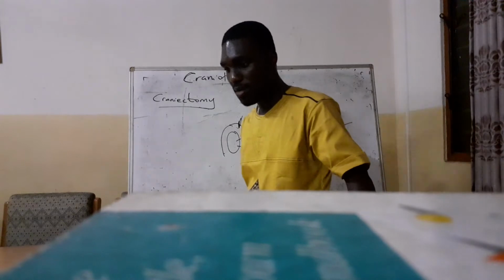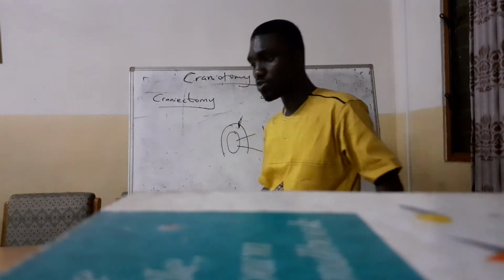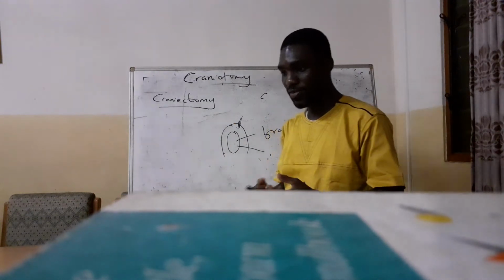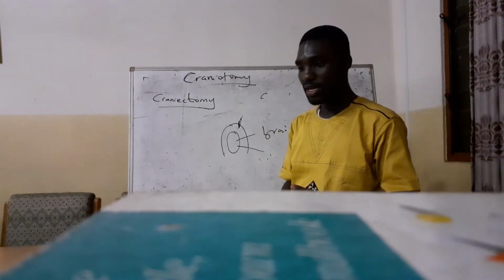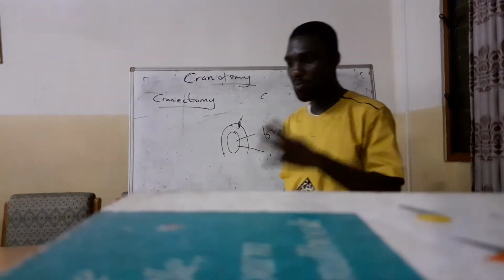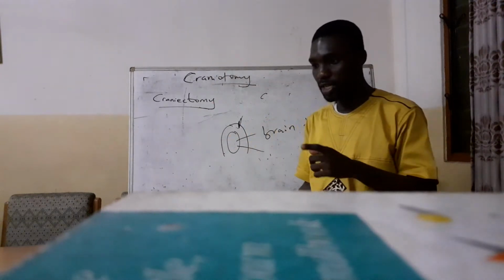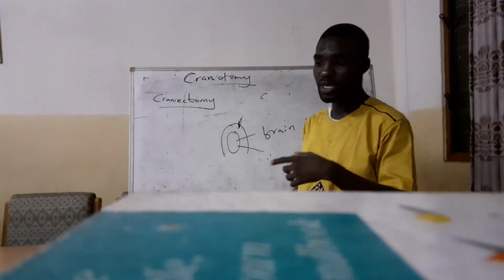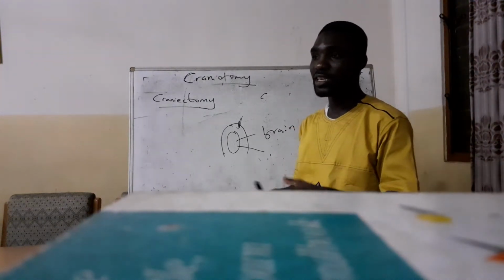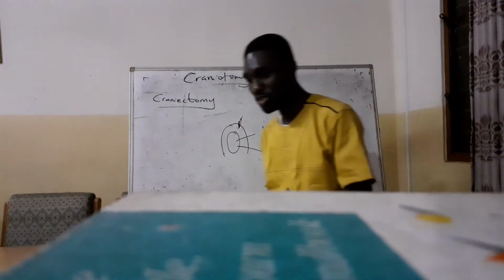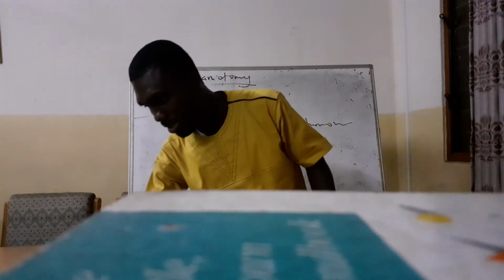So as I said, craniotomy refers to any surgical opening in the skull to correct a deformity, whilst craniectomy is an excision of part of the skull for exploratory purposes. Sometimes craniectomy is not even done to correct a deformity, just to take a biopsy of a brain tissue for analysis.